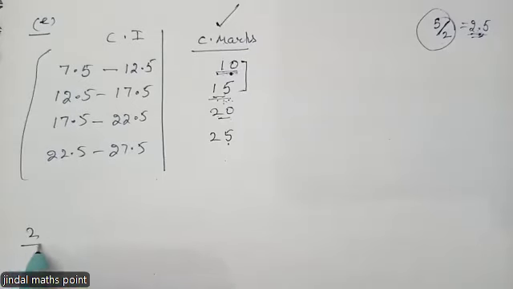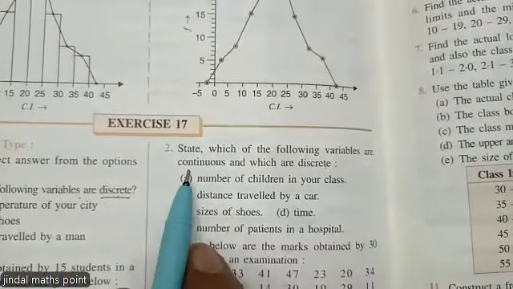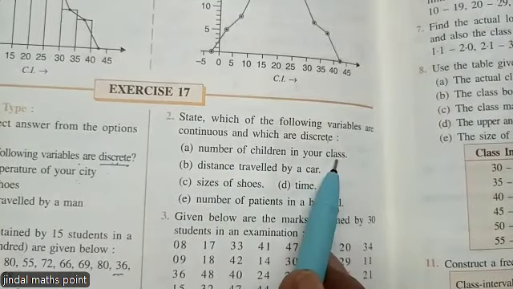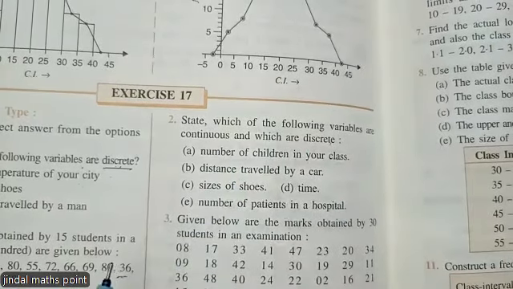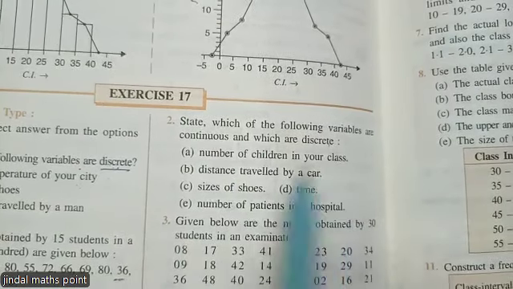Now, second sum. State which of the following variables are continuous and which are discrete. Number of children in your class: continuous or discrete? Discrete. Yes.